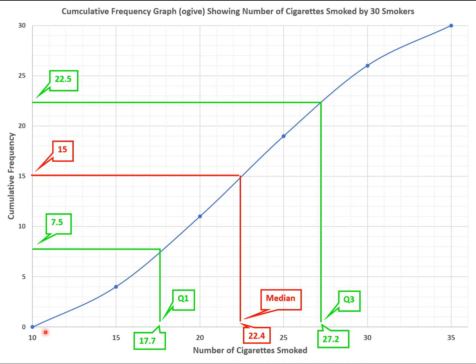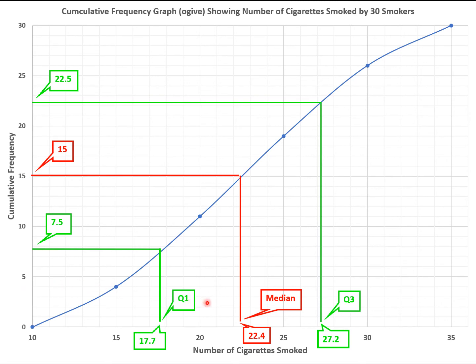Now we said here, these are the intervals. So the lowest was 10, with 0 in that group. So that's 1 point. The next point then, we could see the top of the interval, 15, and there were 4 smokers in that group.